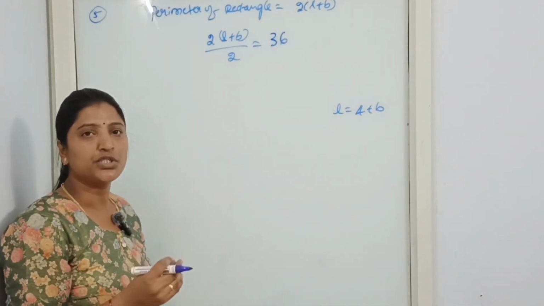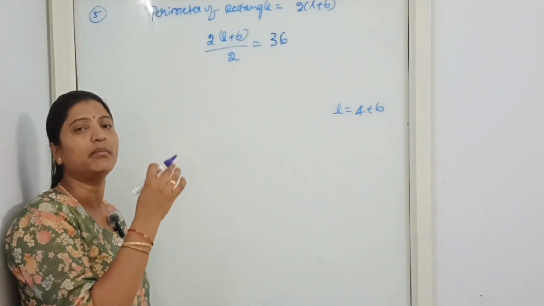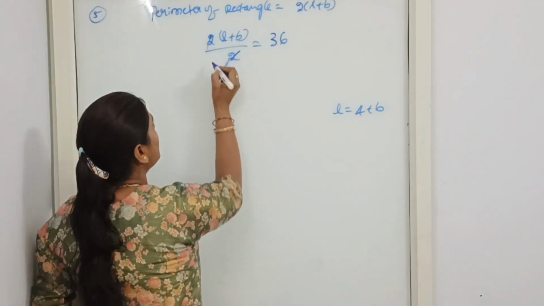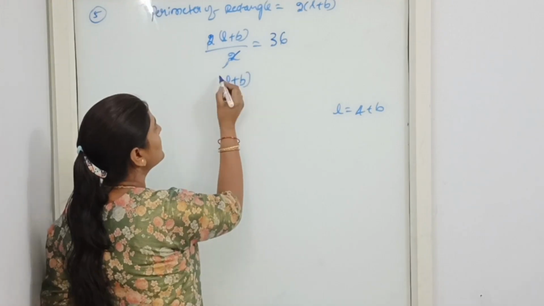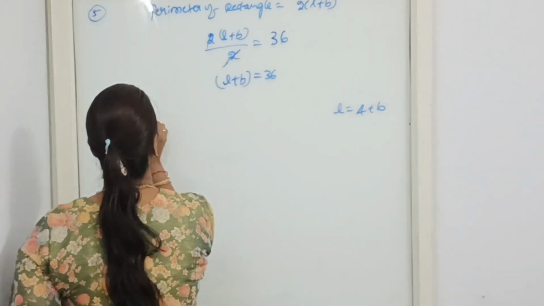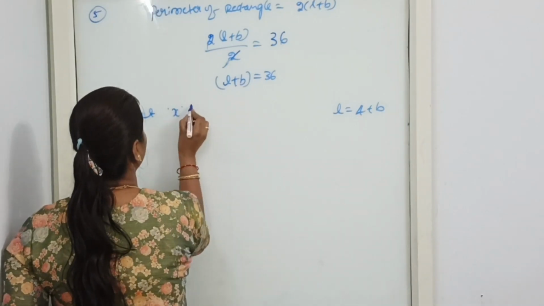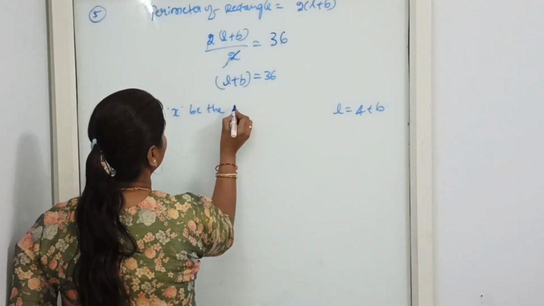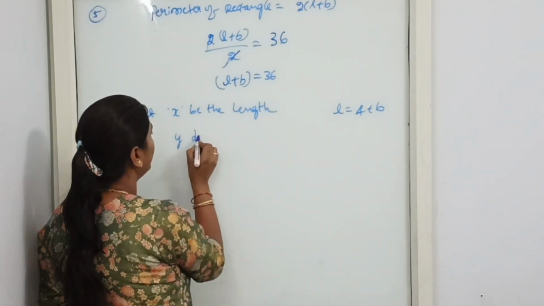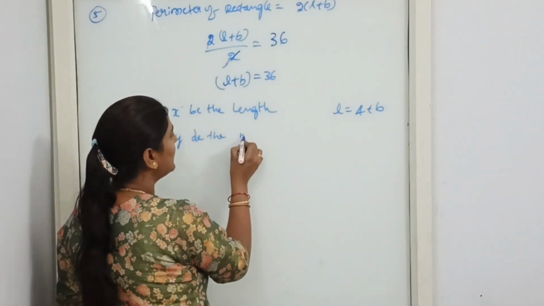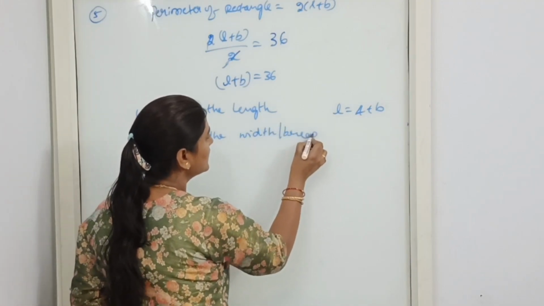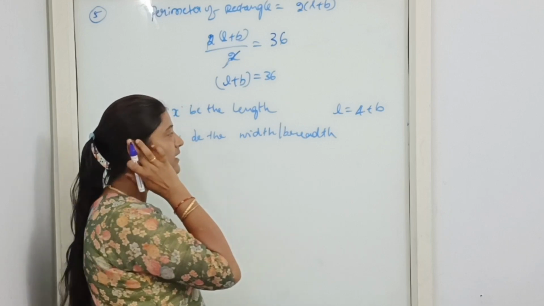Here splitting the question, understanding properly and making the equation is very important. Okay, 2 getting cancelled. Length plus breadth is equal to 36. So now let x be the length and y be the width or breadth, both are same. Okay, don't get confused. Width or breadth.